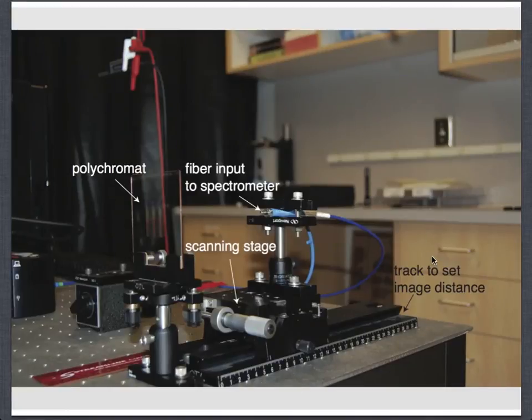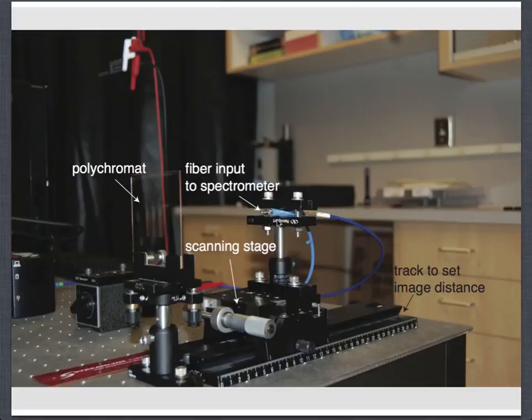For optical characterization, we put a fiber tip, which is connected to a spectrometer. The spectrometer measures the spectral content over the wavelength, so at which wavelength how much relative intensity you have.